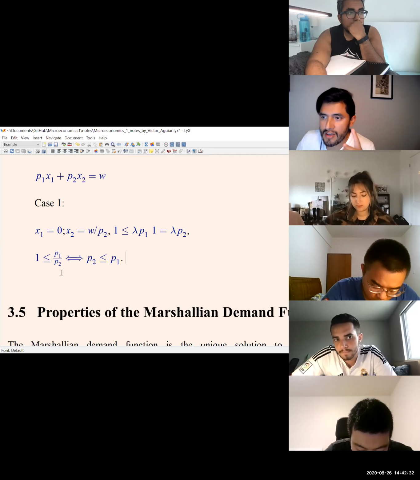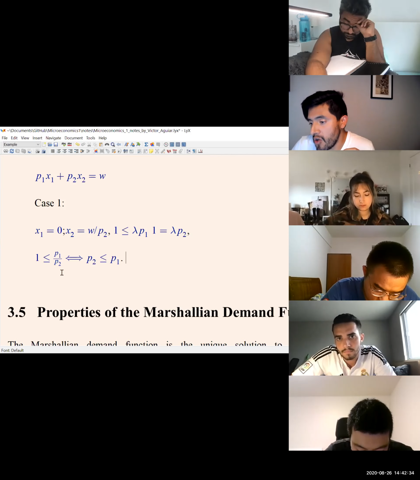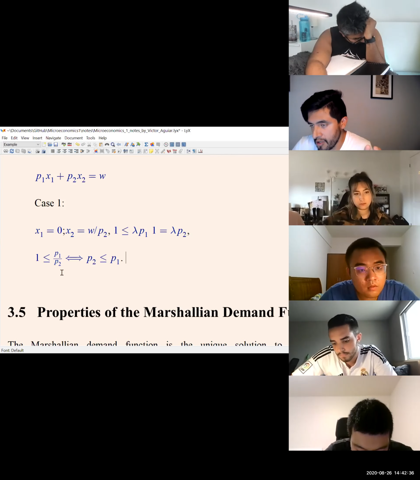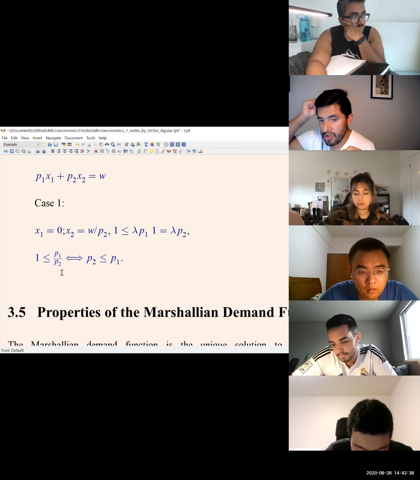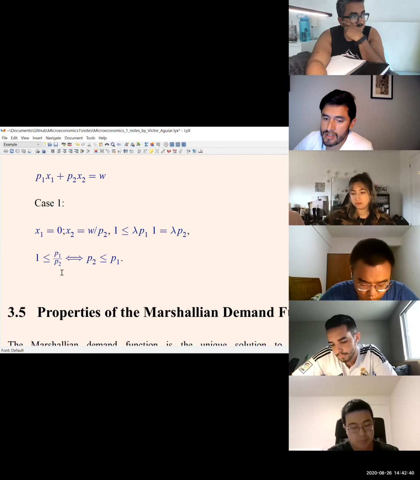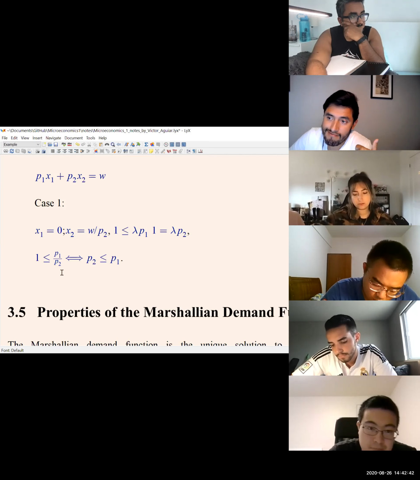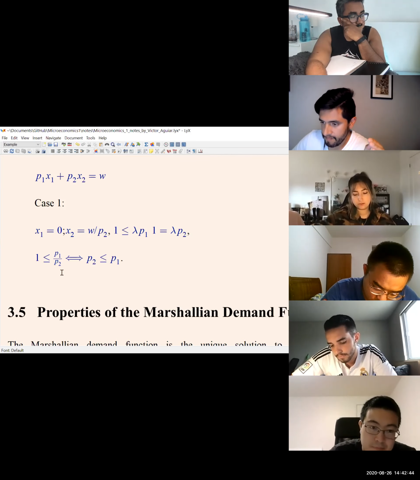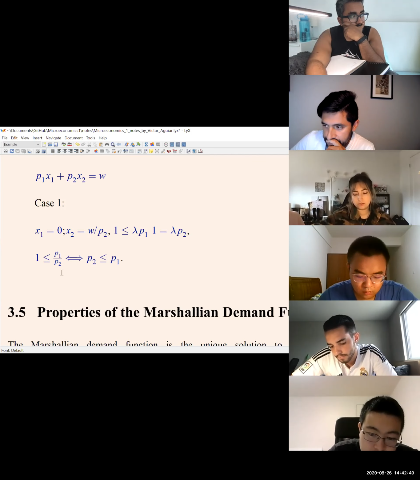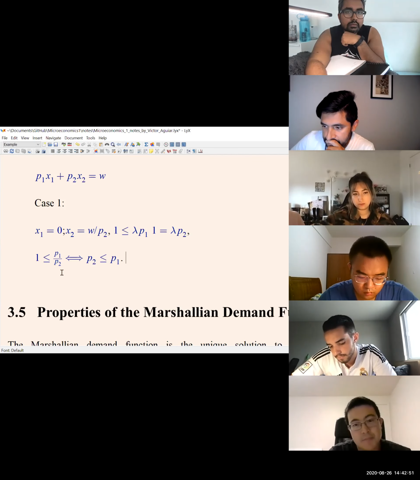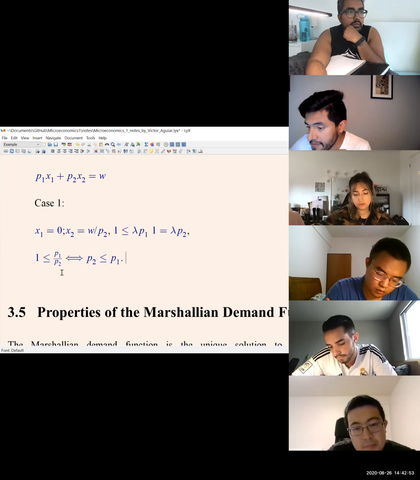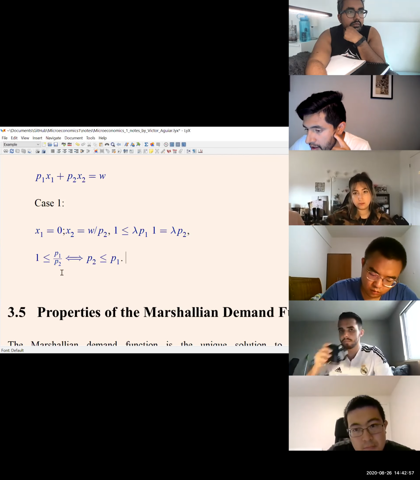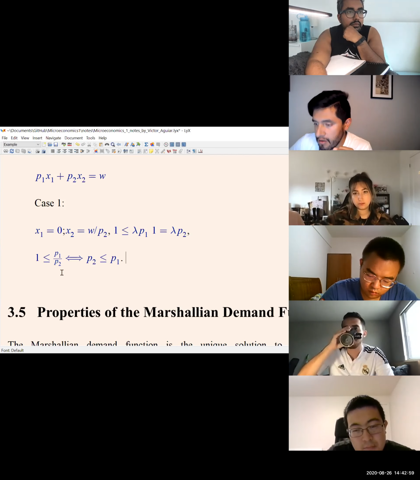So there is something going on here, right? Because what is missing from my theorem? My theorem told me that there is a unique solution, and when price of 1 is equal to price of 2, I have infinite solutions. What assumption failed here? The convexity, the strict quasi-concavity of the utility function.